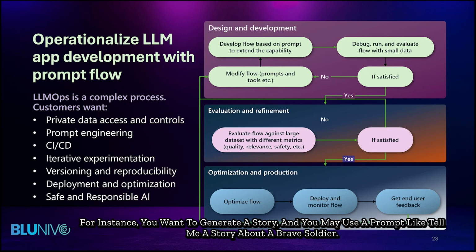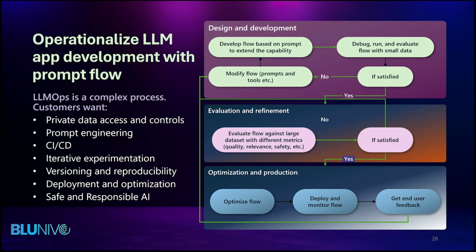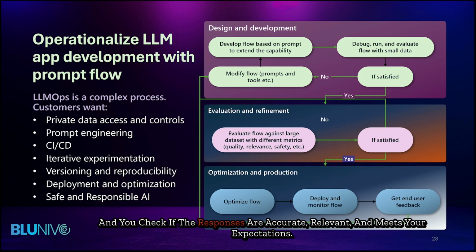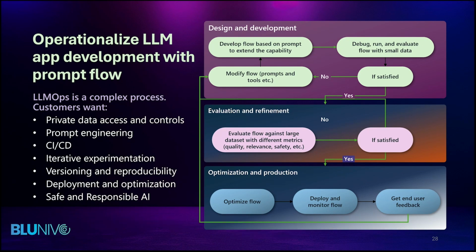For instance, you want to generate a story and you may use a prompt like, tell me a story about a brave soldier. The second stage is testing the prompts. What you do there is test the prompts to see how the model responds, and you check if the responses are accurate, relevant, and meet your expectations.